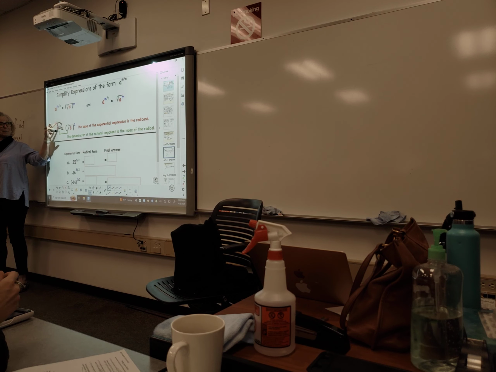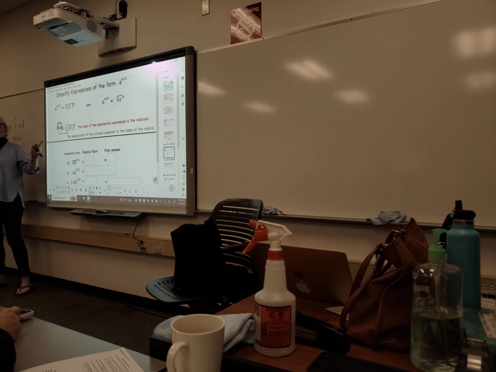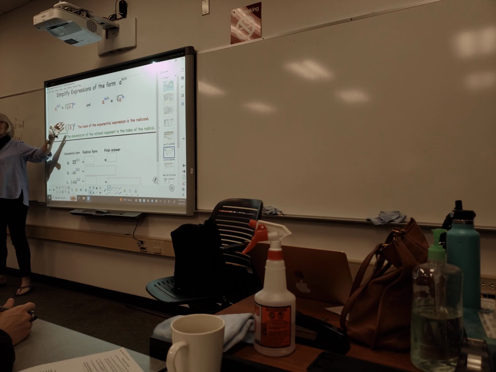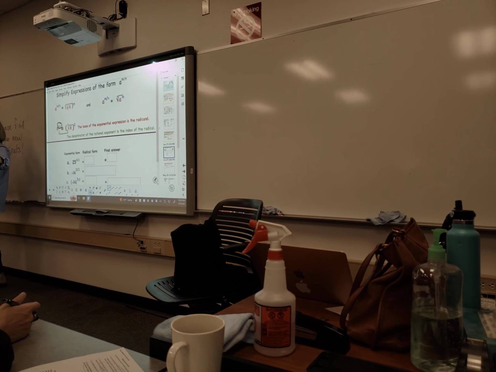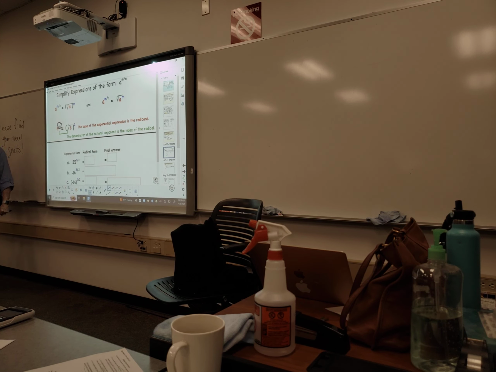The denominator is always your index of the radical. And then I put a little 2 outside the whole radical house. I want you to try this on your machine and tell me what it says. Cube root of 8, then caret 2.